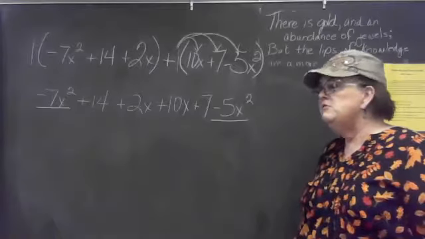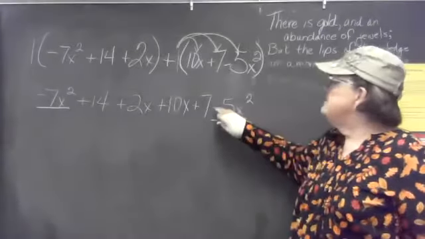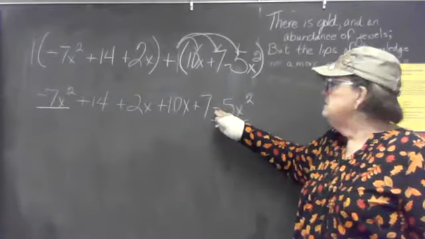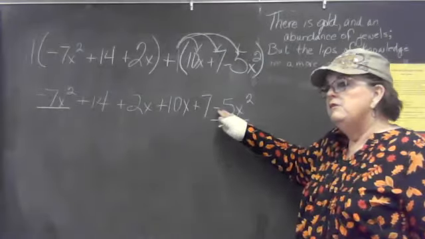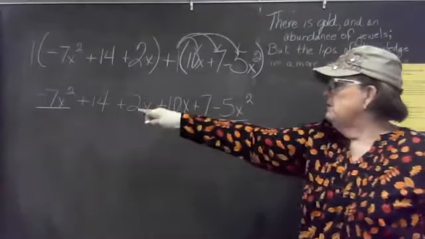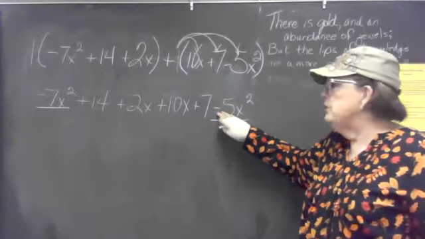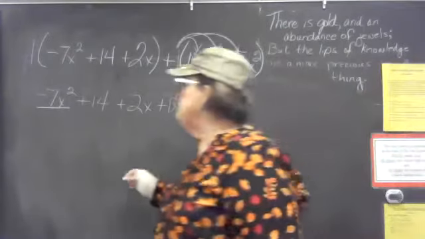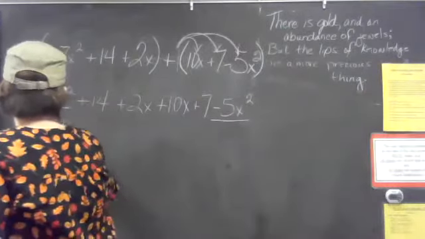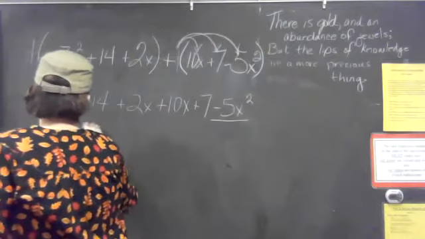Okay, so I have a negative 7 plus a negative 5. It's the same as subtract, if it helps you to look at that. But a negative 7x squareds, and then I'm going to take away 5 more x squareds. So now when I put those together, I'm going to have a negative 12x squareds.